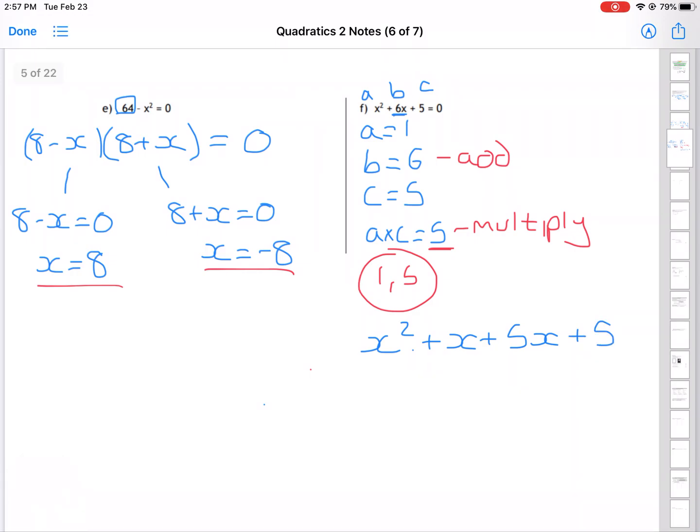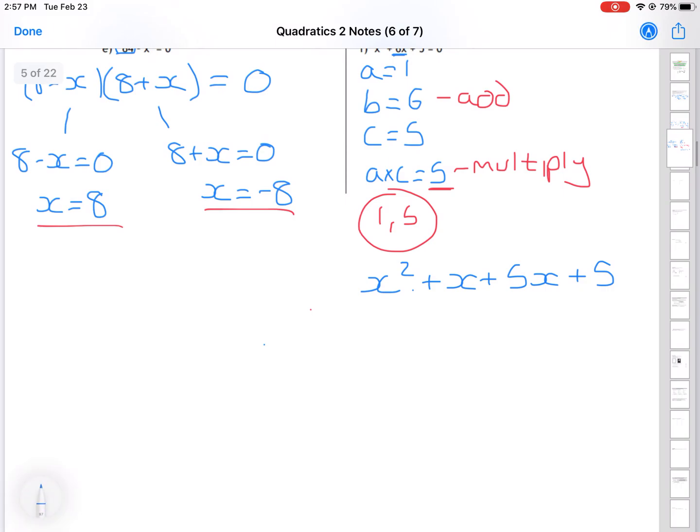This is going right the way back to Unit 1, so don't worry if you've forgotten about it, we will have time to practice it today. So to complete this question, we have got to first factorise the first two terms, making that x bracket x plus 1. We split this in 2, we use the same symbol. Factorise the second two terms, take out a common factor of 5, making that 5 bracket x plus 1.